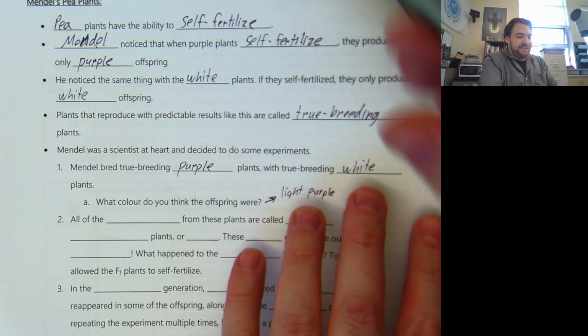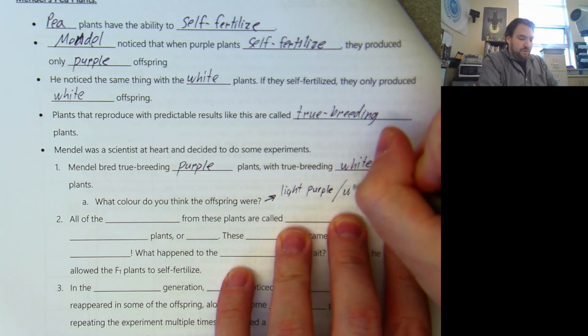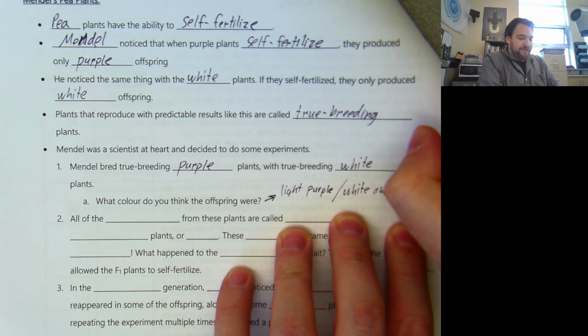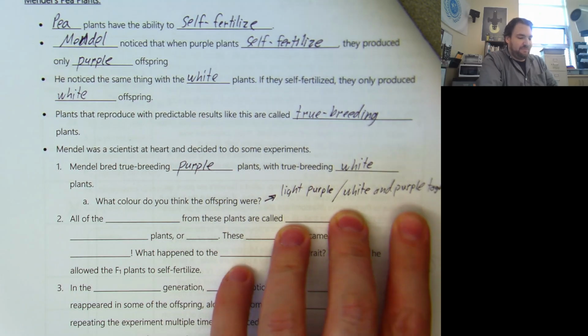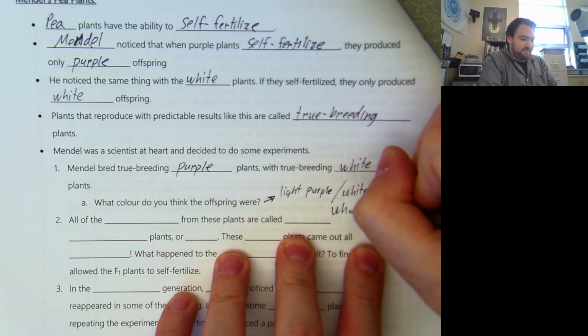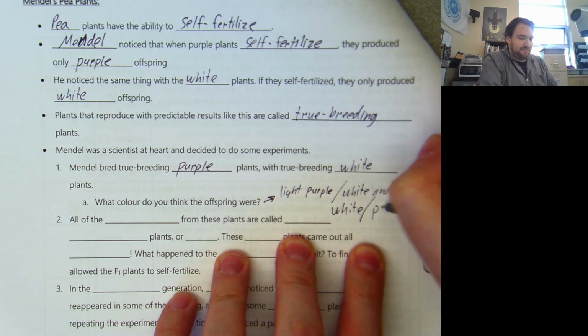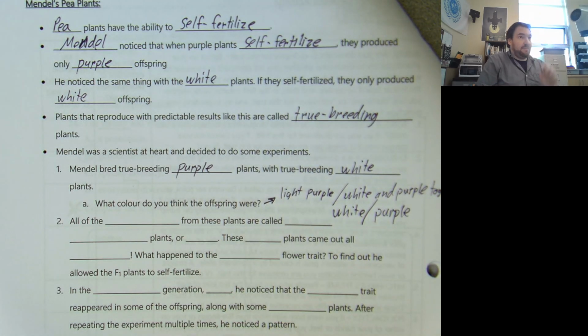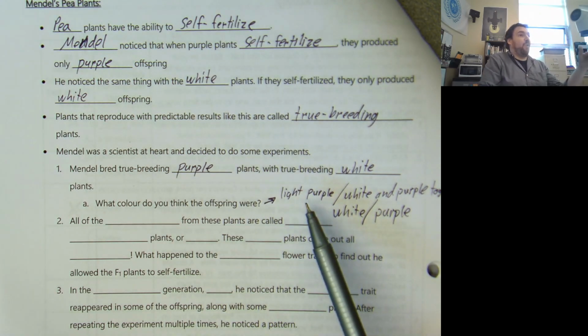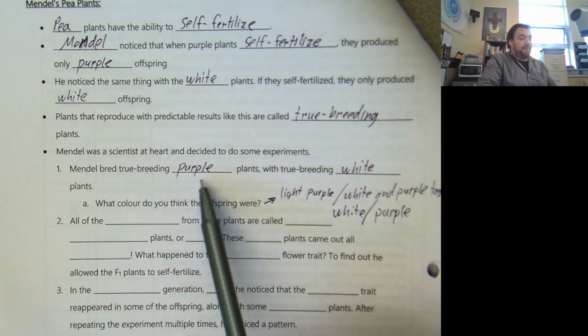White and purple multicolored. White and purple together. Oh, what about just white? That's an option. Also an option. Well, it wouldn't be darker than, by definition, when we said light purple, it's just a muted version of the purple that showed up.